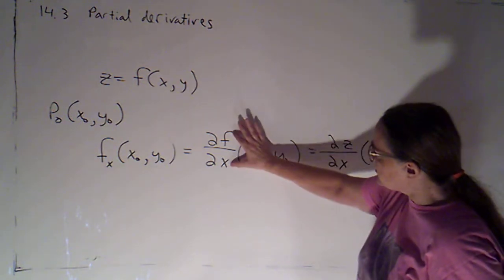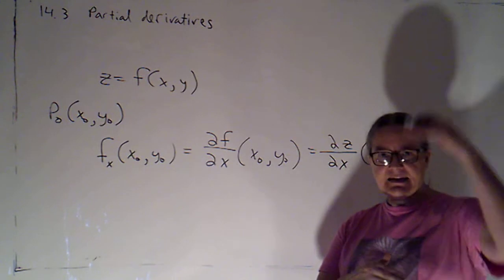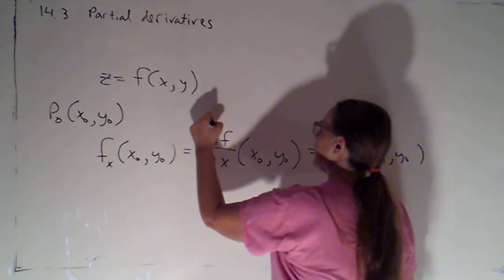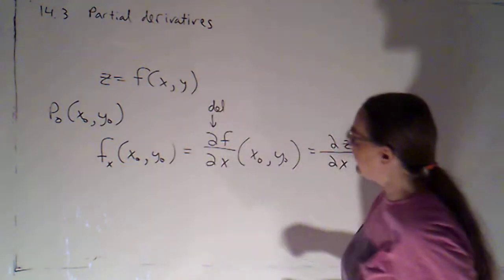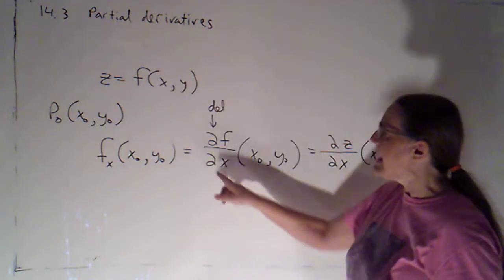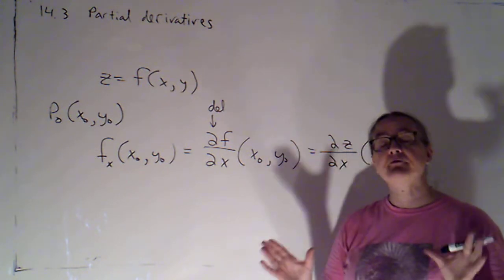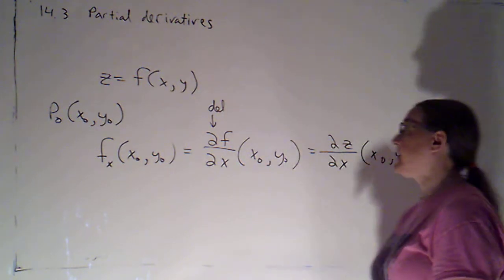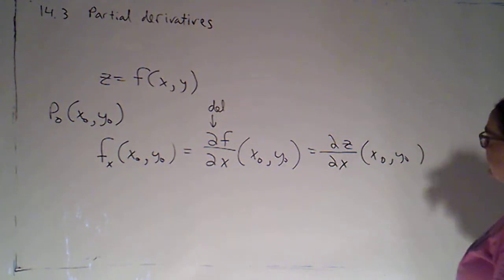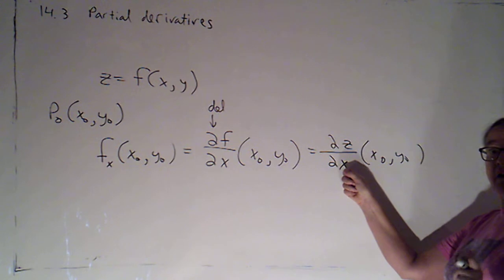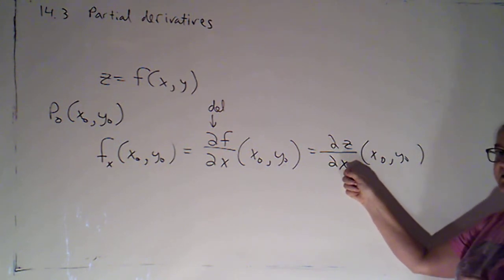But notice, this looks kind of like our d by dx notation, but instead of being a d, it's a del. Okay. It's this sort of curved thing that indicates that we're talking about a partial derivative rather than a full derivative. Okay. And what this is going to be is I'm saying, okay, I want x to be my variable, so I'm holding y constant.